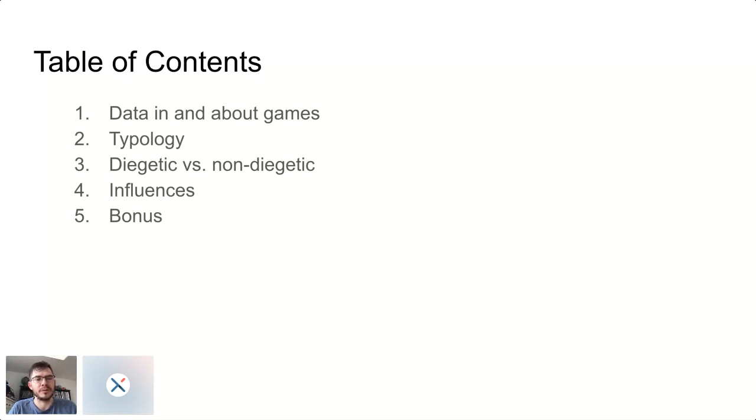The topic is broad, but we don't have much time. So this is something a bit sketchy, and if needed, we'll be able to discuss that if you have a question or later. I'll be talking about the diegetic versus non-diegetic problematic. This is really interesting for the future of data visualization in games and outside of games. Some influences, which we'll see later, and some bonus examples.